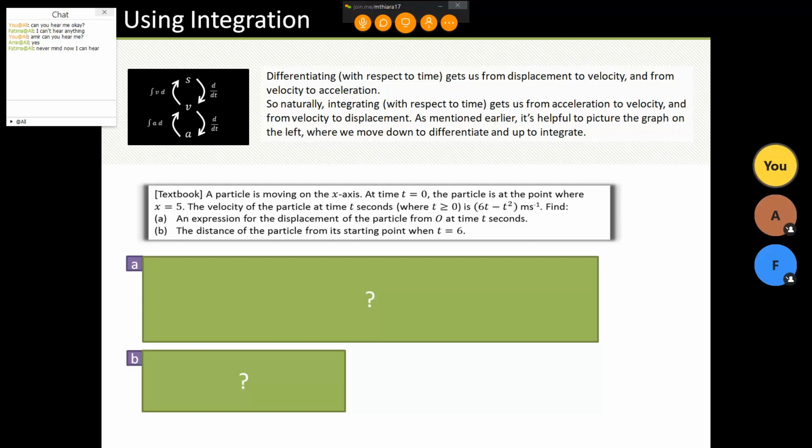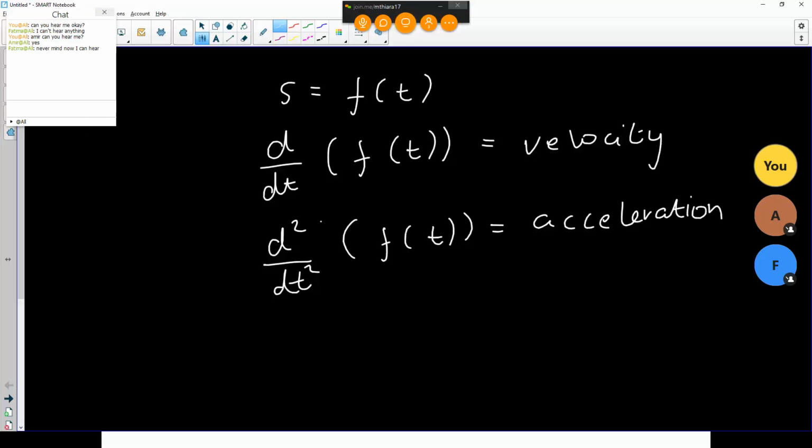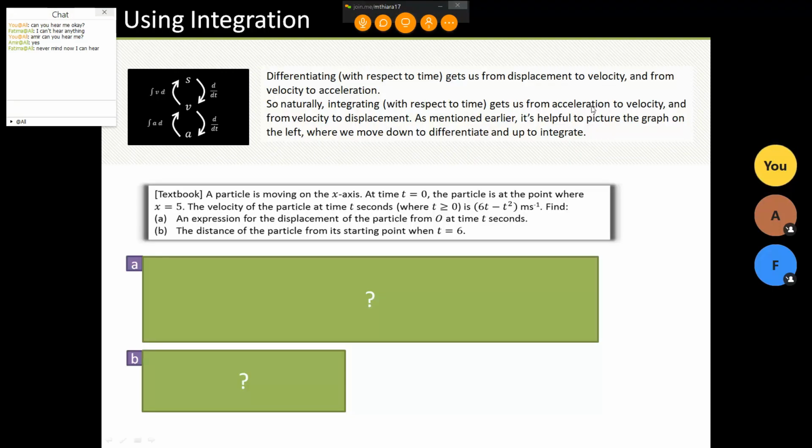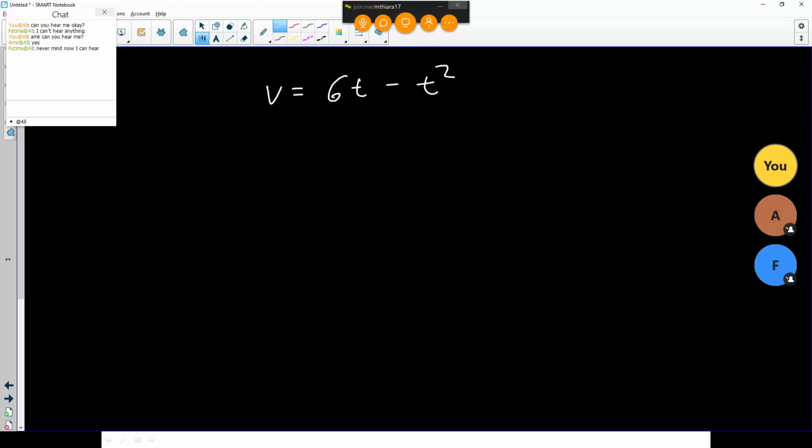So what we've been given here is a formula for velocity. I'm going to get this down on here. We've been told that the formula for velocity is v = 6t minus t squared, and I've also been told that at t equals 0, x equals 5.